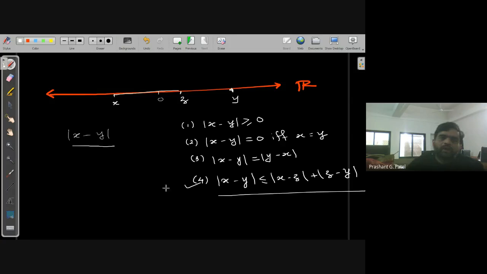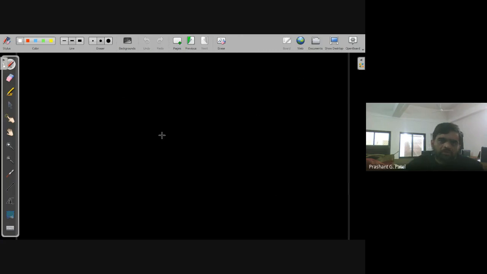What will happen in R square? Suppose I have R square, let's say this is the x axis and this is the y axis, and there are two points given on this R square, or xy plane.